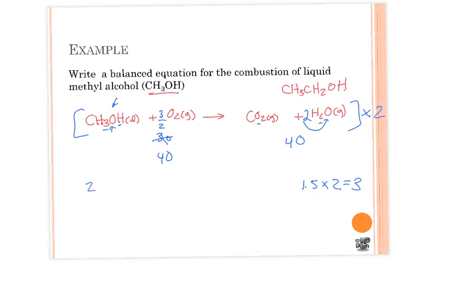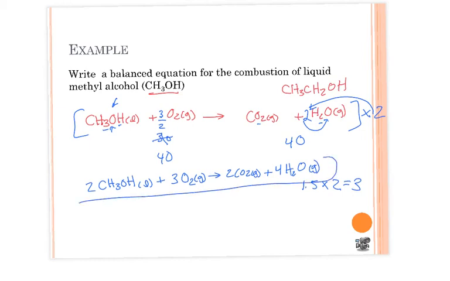So then we end up with 2 CH3OH combined with 3 oxygen gas to give us 2 carbon dioxides and 4 water, because don't forget there's already a coefficient here. And that is our final balanced equation.